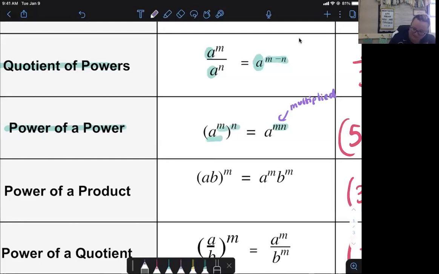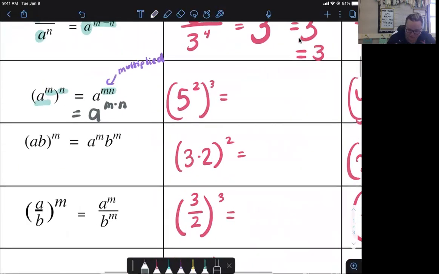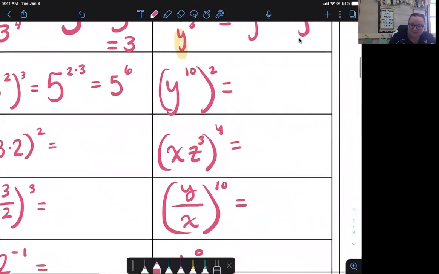So what that really says is a to the m times n. So for 5 squared to the third, that means we have 5 to the 2 times 3, which is 5 to the 6th. Y to the 10th to the 2nd would be y to the 10 times 2, which is y to the 20.